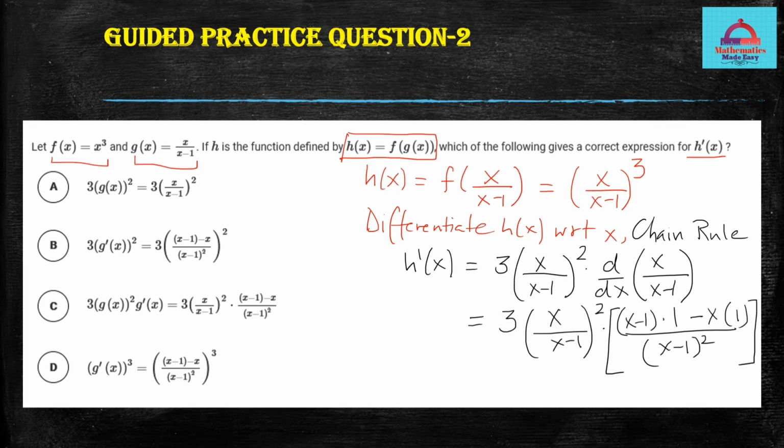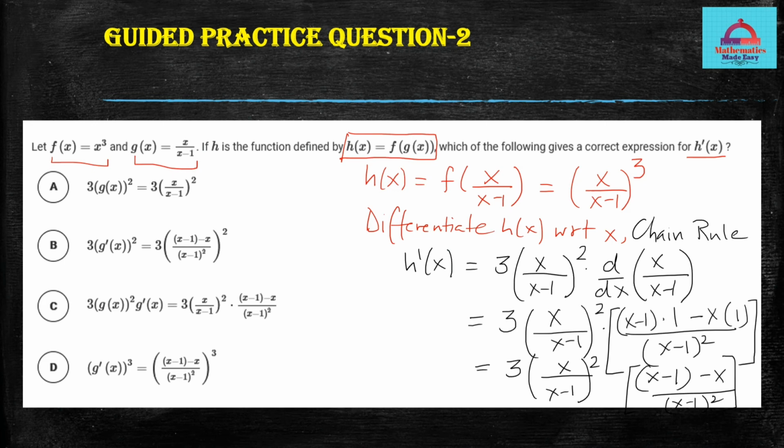Now let us try and rearrange this a little bit so that we are able to write the correct expression for h prime of x. This can be simplified as 3 times x over x minus 1 whole square, and if you simplify this part of your function, then this will come out to be x minus 1 minus x over x minus 1 whole square.